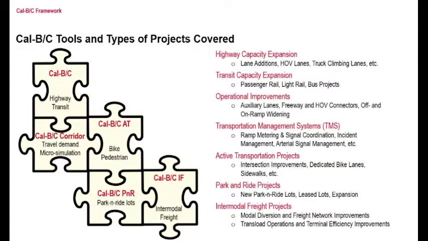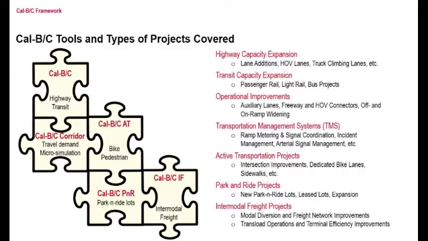The CalBC regular is a sketch planning tool for project assessment. This tool is used mostly when potential project impacts are not fully known, because minimal data is needed to run the analysis.